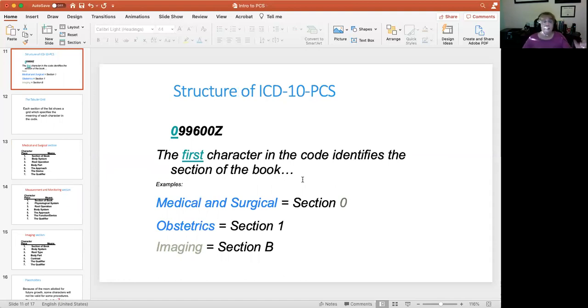Med surg is 0. Obstetric starts with a 1. Imaging starts with the letter B as in boy. And there's lots more. You also have a listing of all of the different sections and their identifiers in the very front of your PCS book.